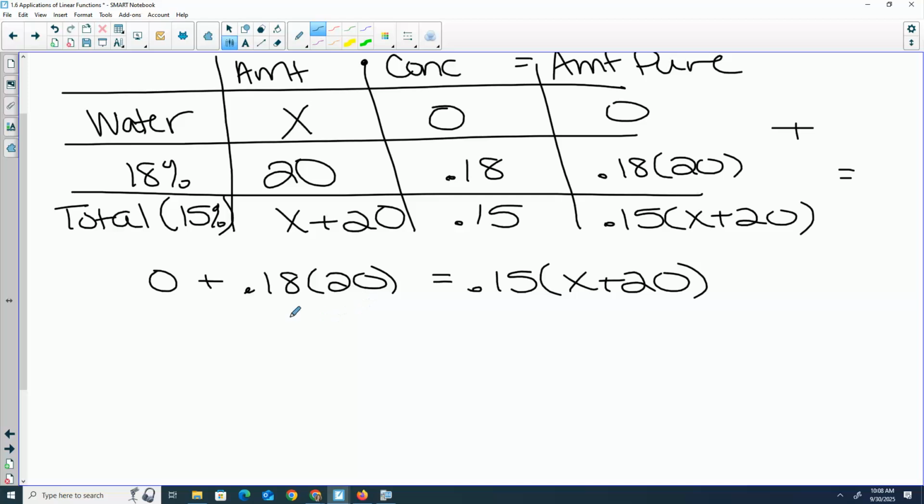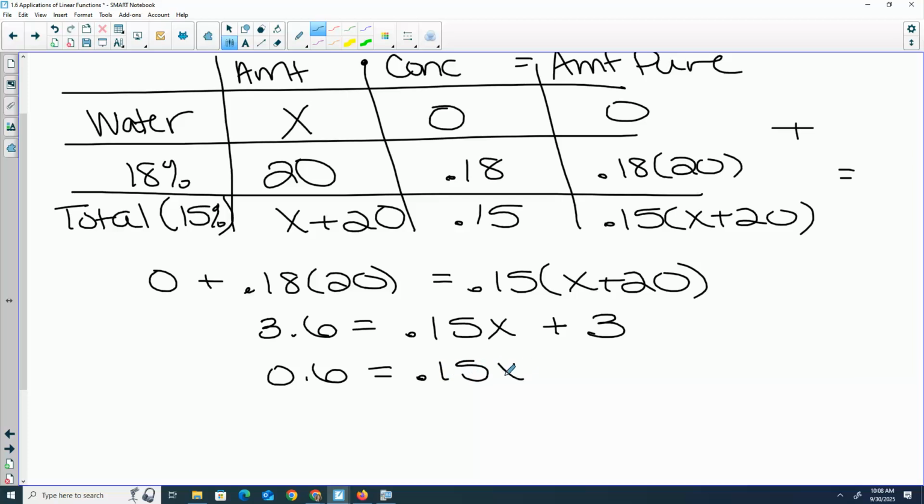So 0.18 times 20. 0.15 times 20. Let's get 4.